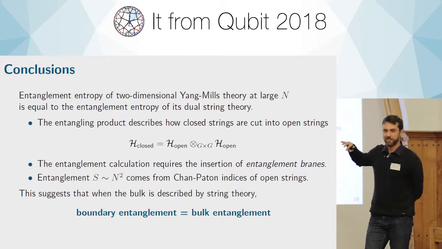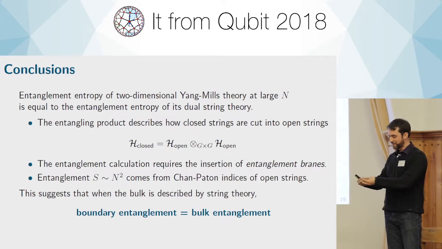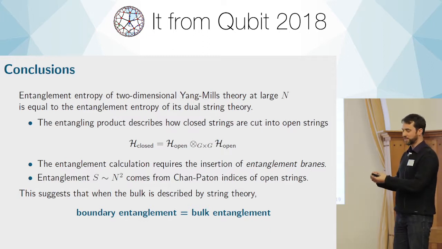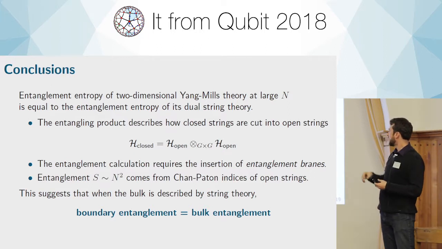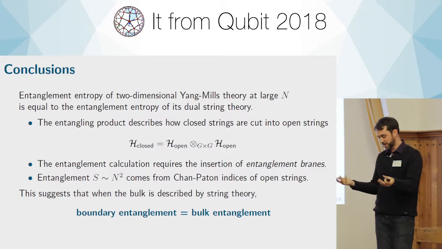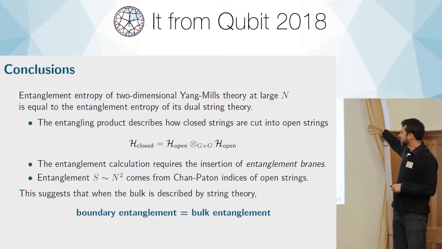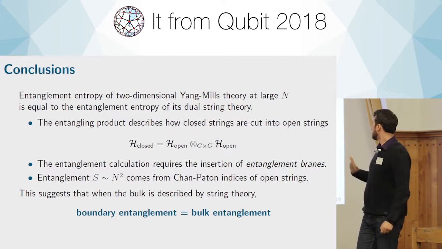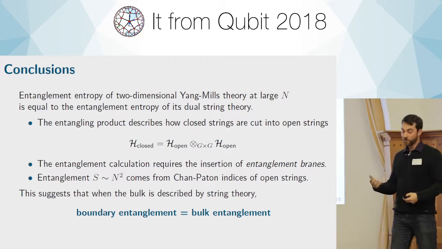The fact that in gauge theory you have to add these charge-like objects at the endpoints of the interval in order to split the Hilbert space is reflected by this entangling product, where you have to cut a closed string into open strings. The entanglement calculation requires the insertion of these entanglement branes, but maybe what's surprising is that we didn't really have to put them in. In some sense, they're already there in the theory.